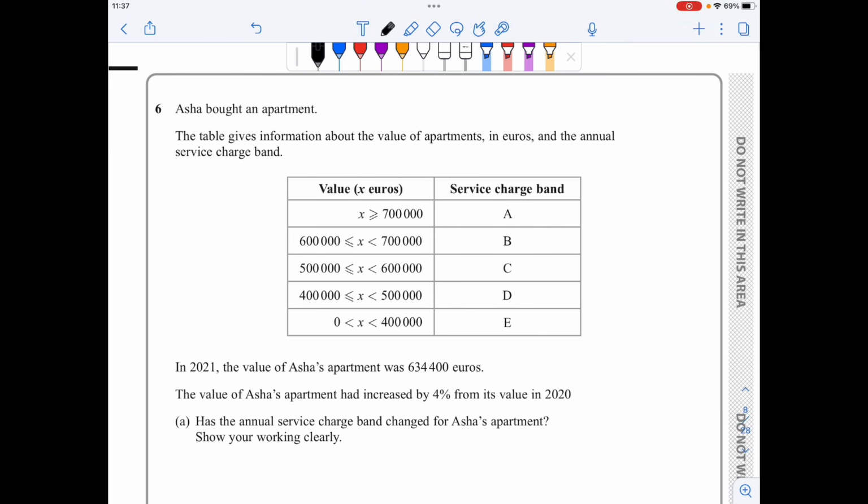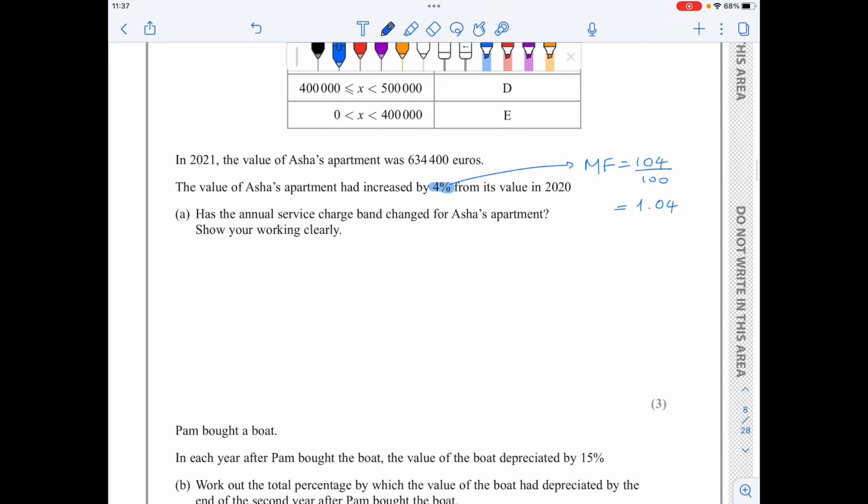For part A of question 6, I have a 4% increase, which means I have a multiplying factor of 104 over 100. As a decimal, this is 1.04. So now I will use the following formula.